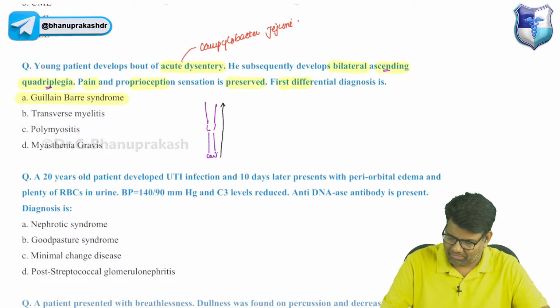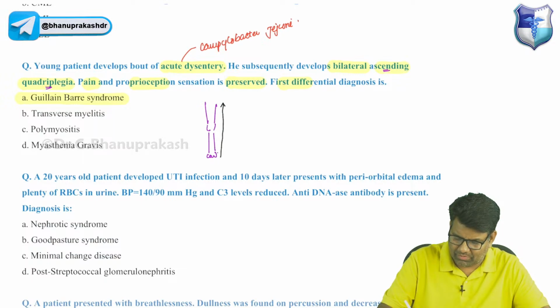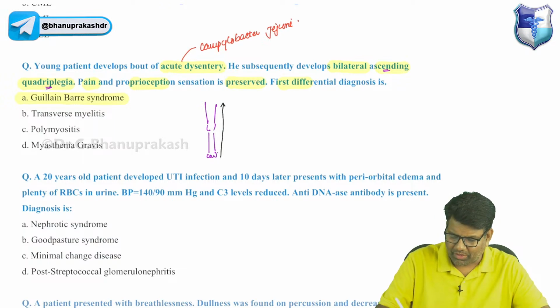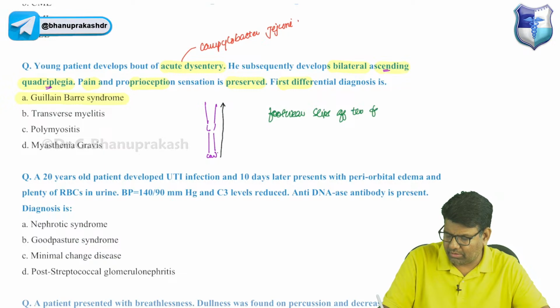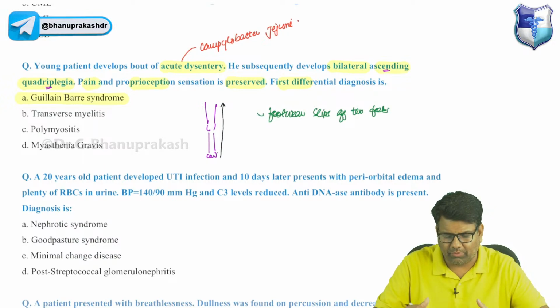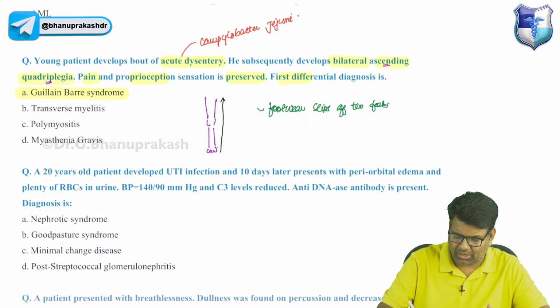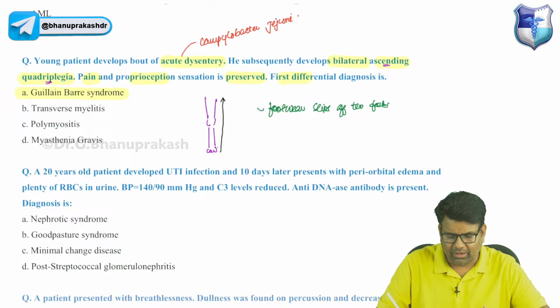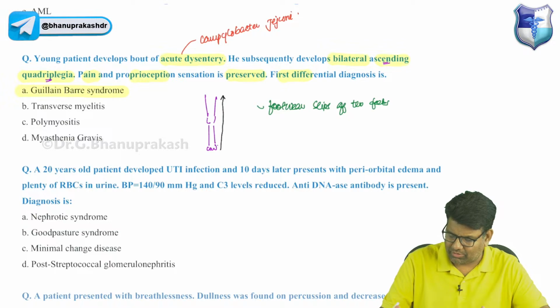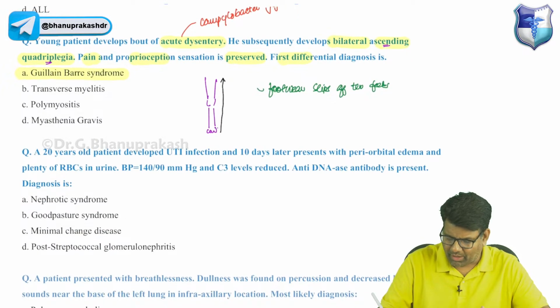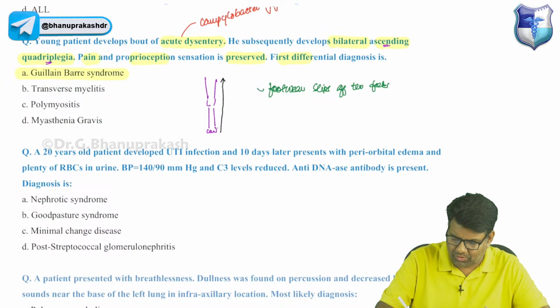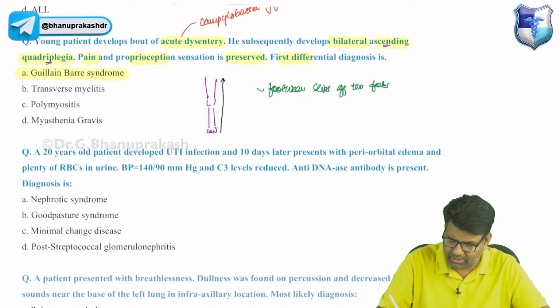One of the earliest presentations is that a patient will come to you and say that his footwear slips, he is not able to keep the footwear in position. So that is the initial complaint showing distal muscle involvement. There is involvement of the distal muscles. And what will you see in CSF examination?